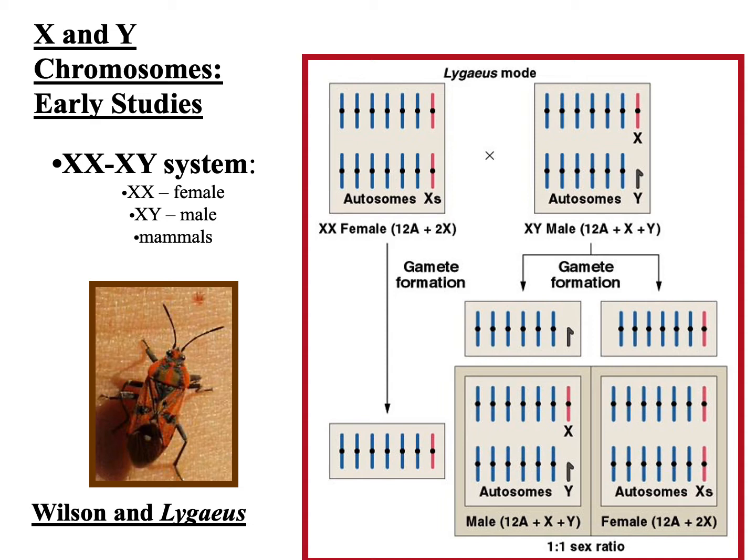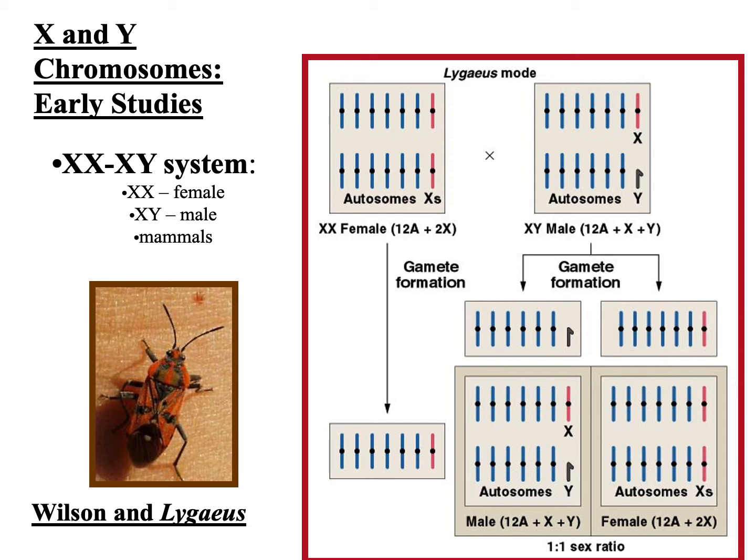We know that when females produce gametes, there's only 1 type of gamete they can produce with respect to sex chromosomes, and that is they always produce gametes that have a copy of X in it. For the male, we have 12 autosomes, 1 copy of X, and this other heterochromosome, again labeled as Y.